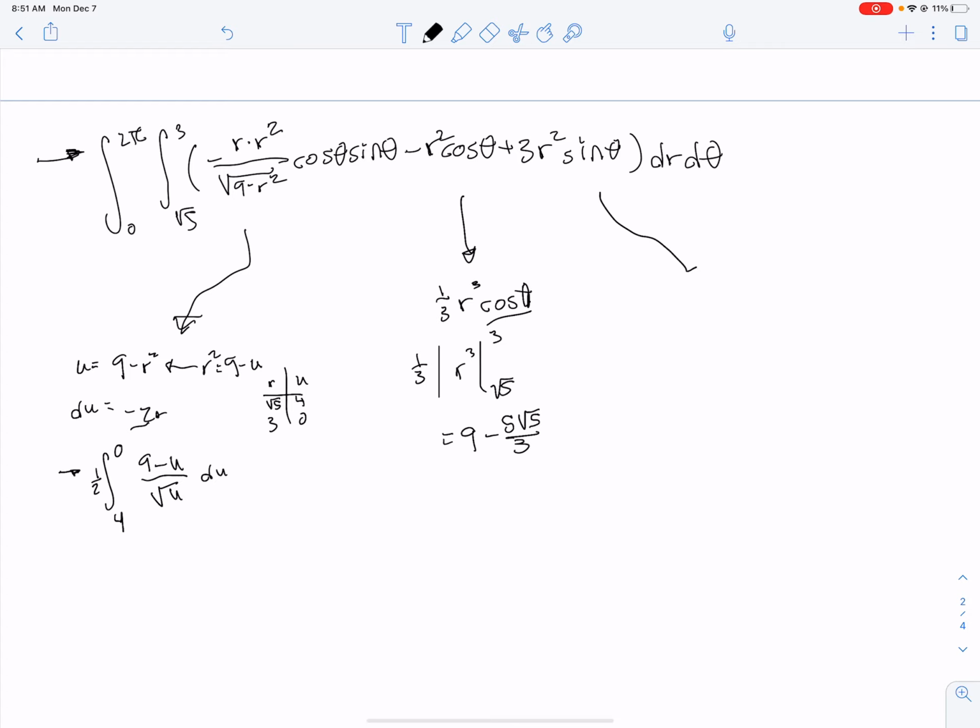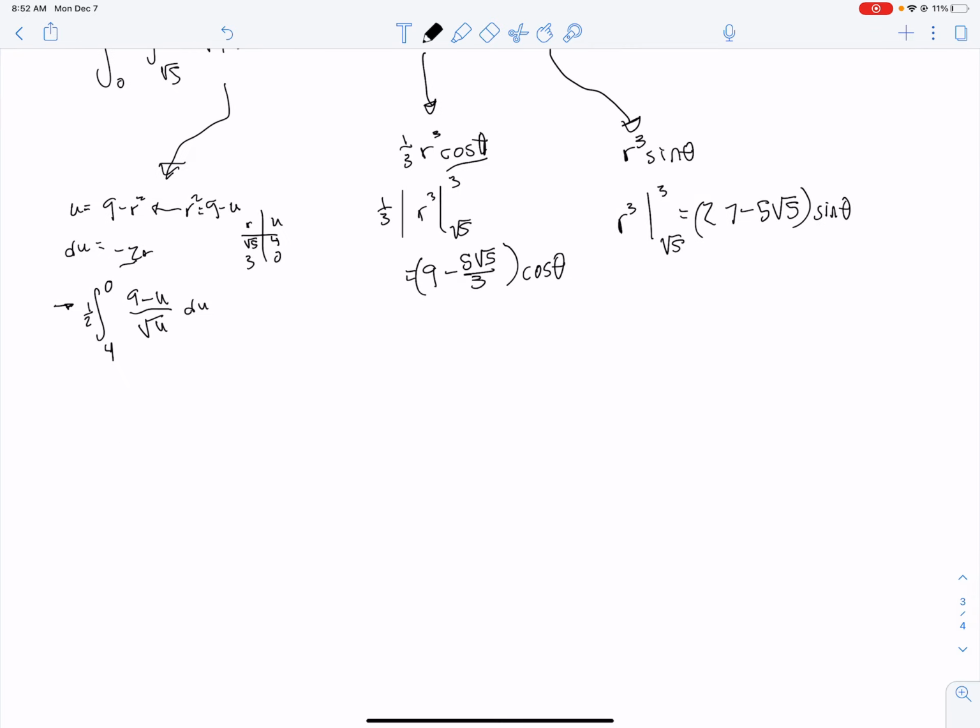And then we have our final one, which is r cubed sine theta. And so our r cubed from root 5 to 3 would be equal to 27 minus 5 root 5. So I'm actually just going to put sine theta out here, cosine theta, so I don't forget.